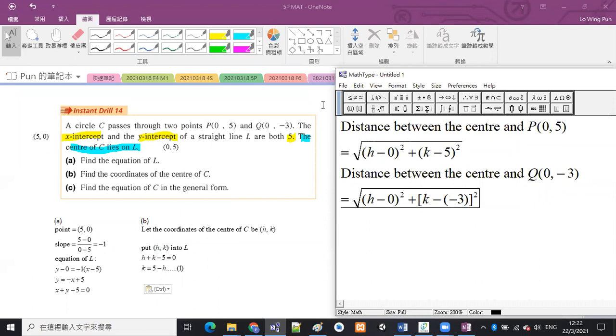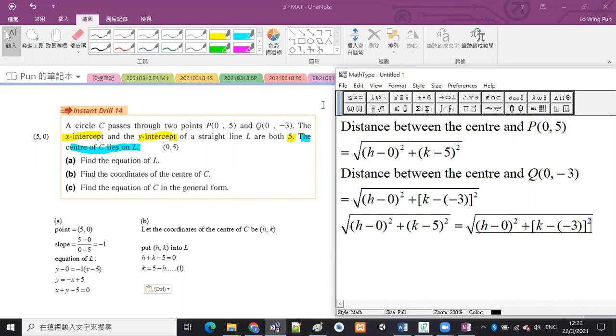Okay, and then because both of them are the distance between the center and a point on the circle, both of them are the radius of the circle, which means that these two distances should be equal to each other. Right? Both are distances from the center to a point on the circle, so both are the length of the radius, so they are equal. Okay, so both of them have a square root.